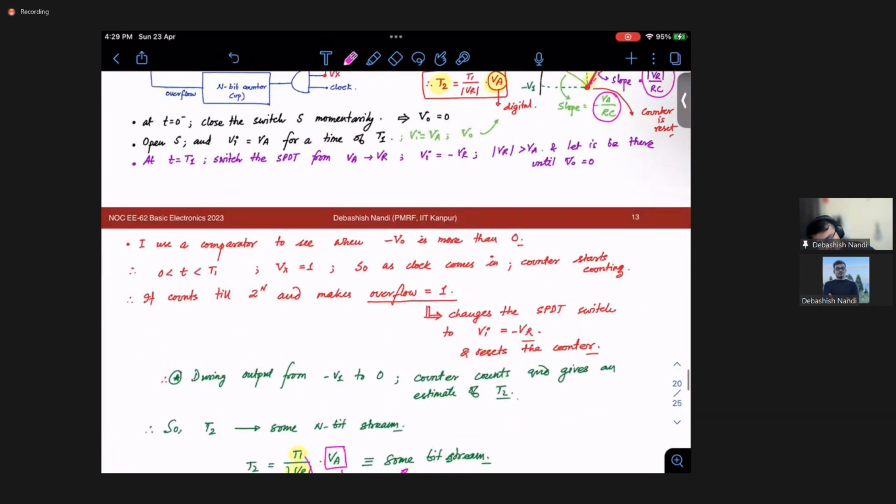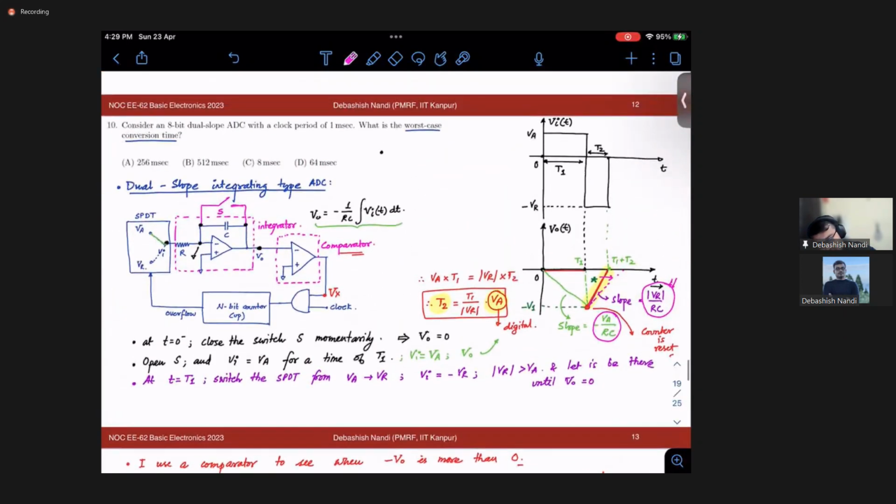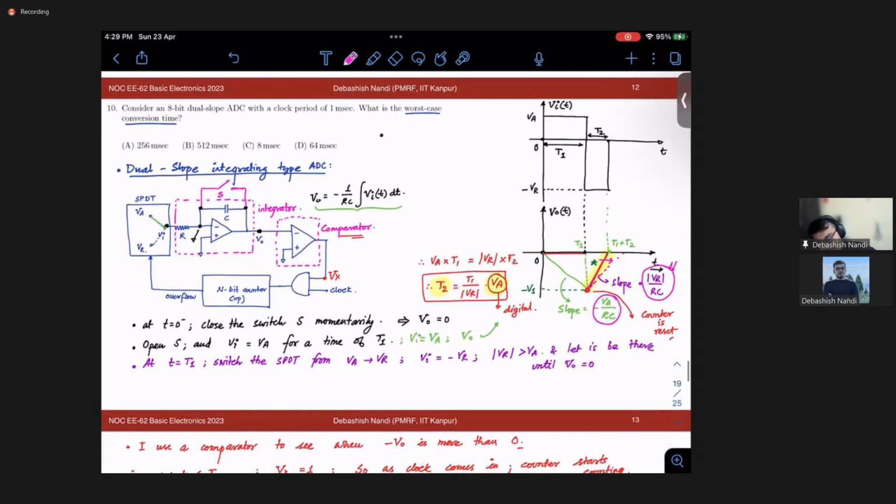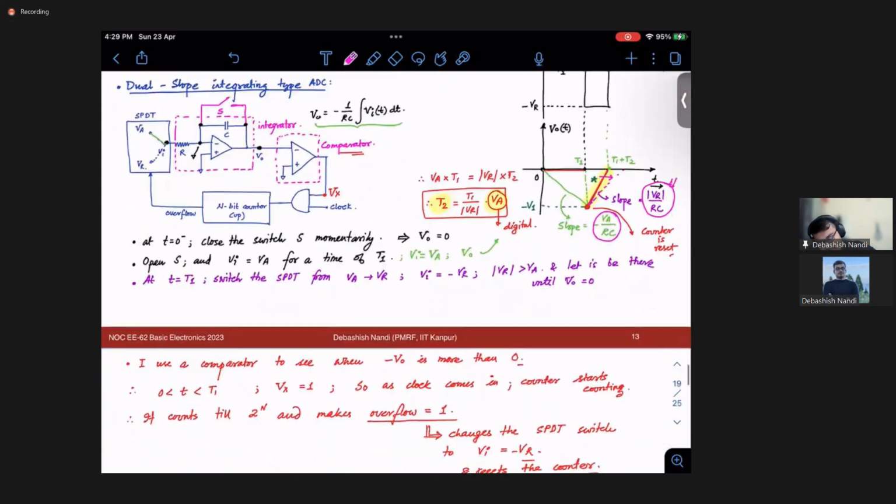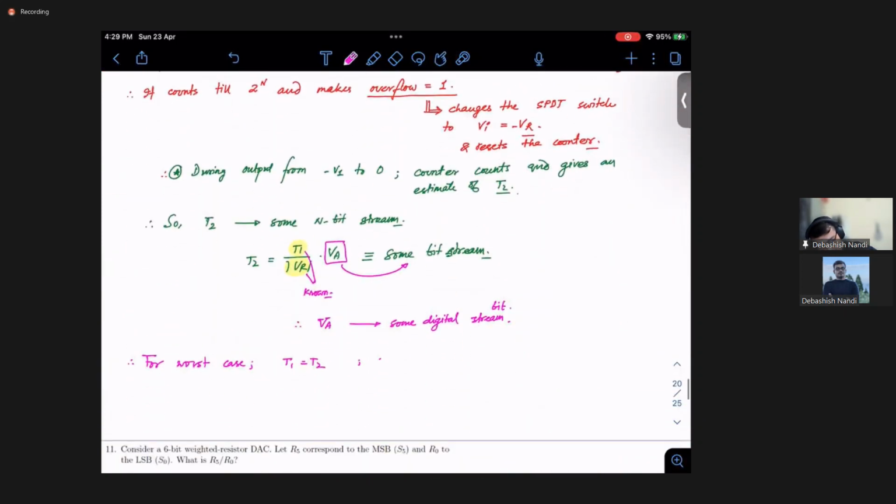So what was my clock frequency? Clock period is 8 millisecond, right? And how many counts will there be? An 8-bit counter will count.